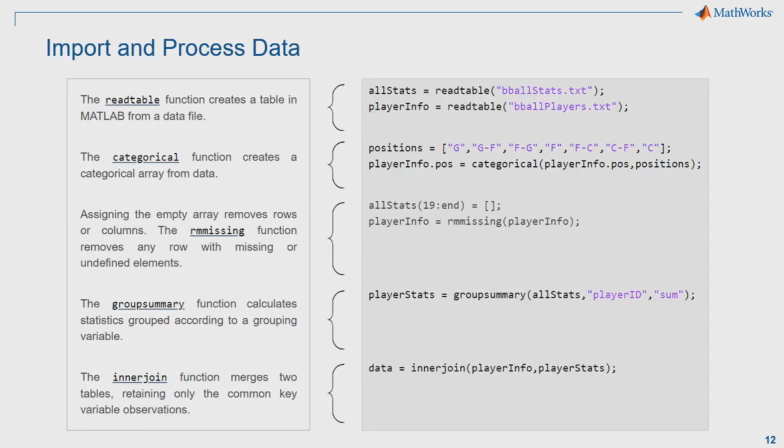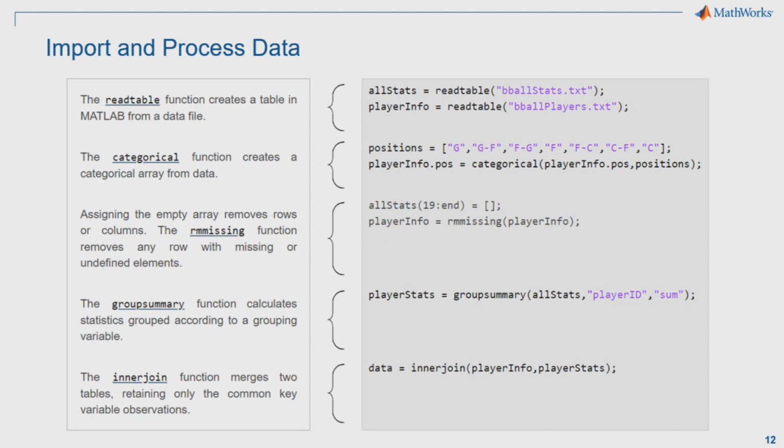In particular, in this course you will see how to play with tables, which is a data structure of MATLAB, very useful to organize data, not just numerical data, but also data with different features like nominal attributes, ordinal attributes, and so on.